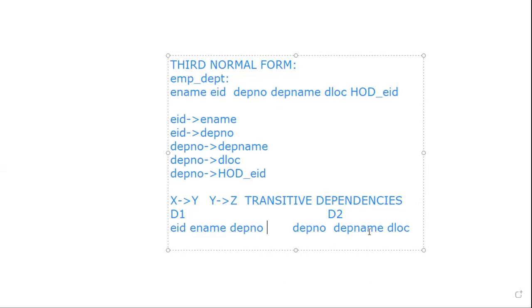There is another definition for transitive dependency. A relation schema is in third normal form if it is in first normal form and second normal form, and it should not have any transitive dependency.